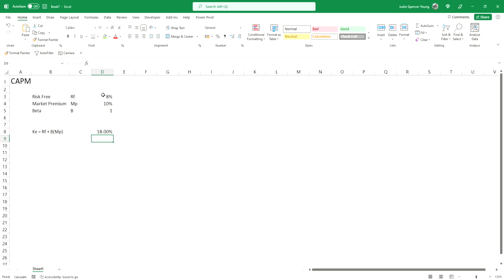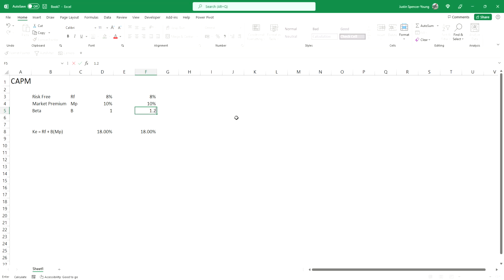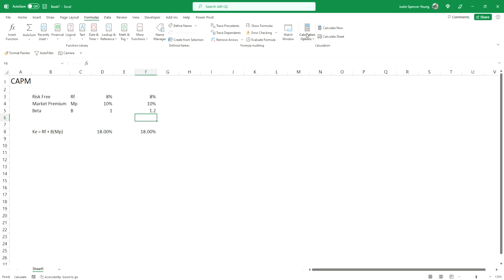Now, if we want to redo these calculations for a company that has a beta of 1.2, let's change that, and make sure our formulas tab is on automatic so that it updates. This says the beta of this stock is more volatile than the beta of the market.